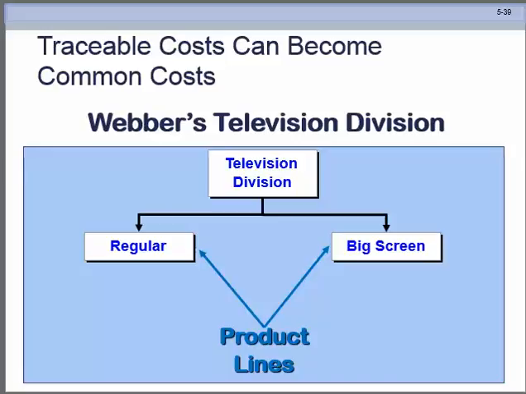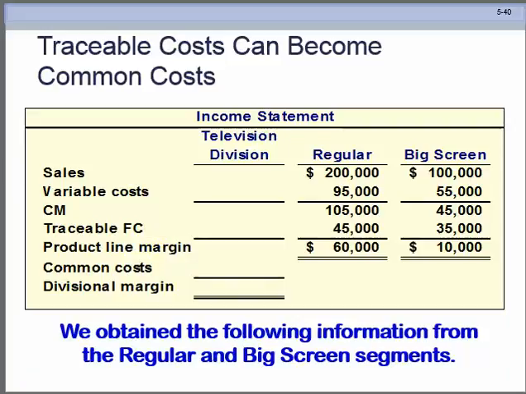We now have regular TVs and big screen. If we break it down, we notice that we have a product line margin of $60,000 in the regular, $10,000 in the big screen. Cool. Looks like our regular is making more money to contribute to common cost coverage.